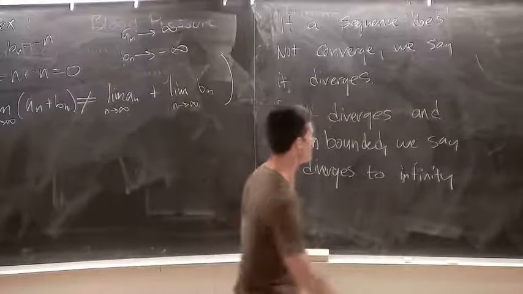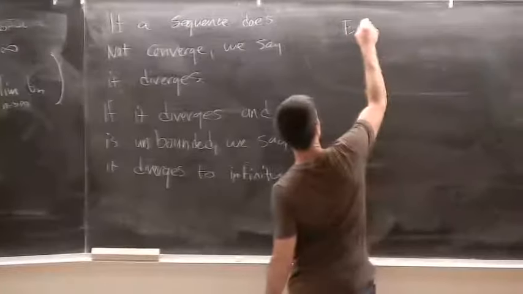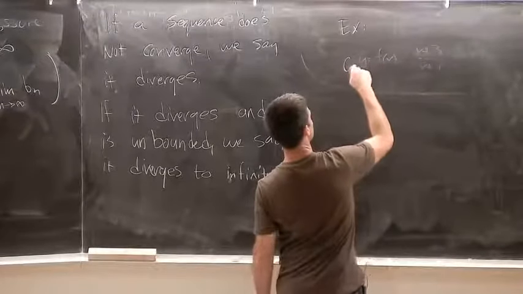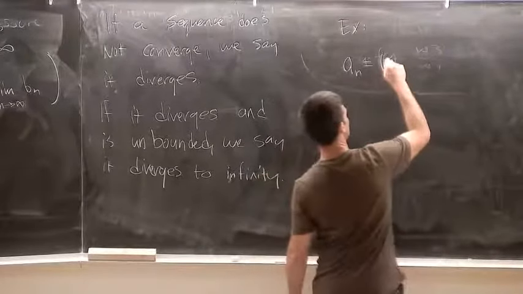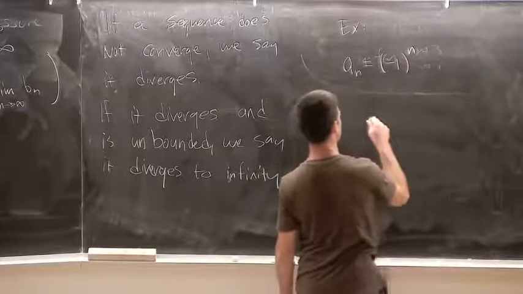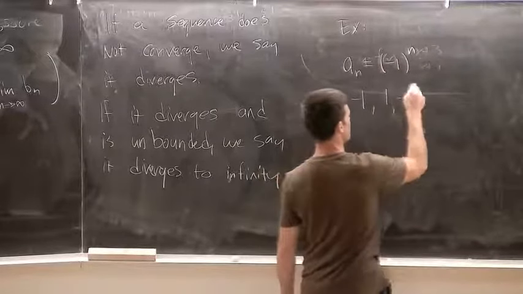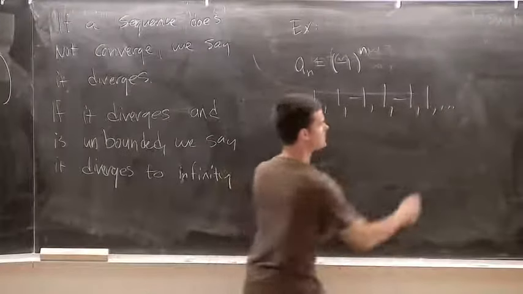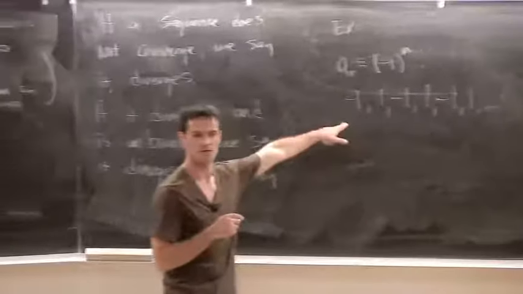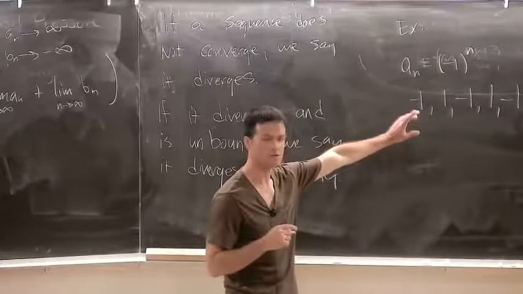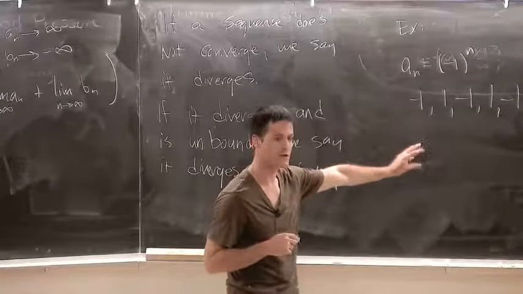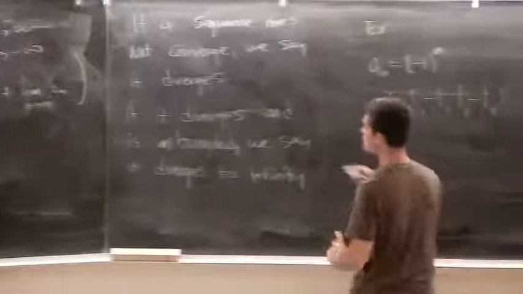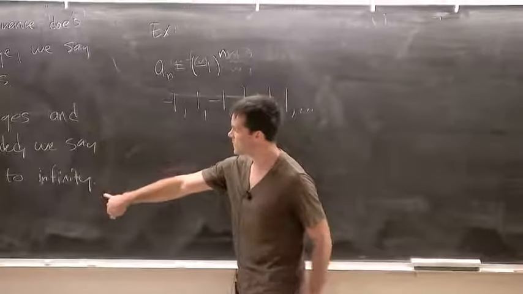Here's a quick example of that. a_n equals (-1)^n, which is -1, 1, -1, 1, -1, 1, and so forth. Does this limit converge? No, because it never settles down on any particular value. But nor does it diverge to infinity.